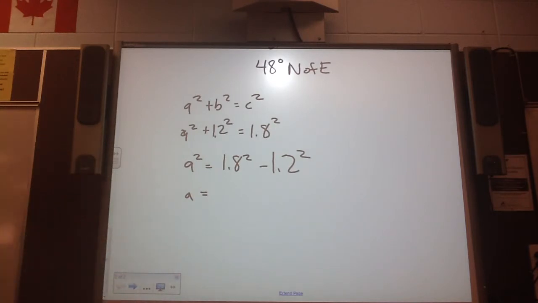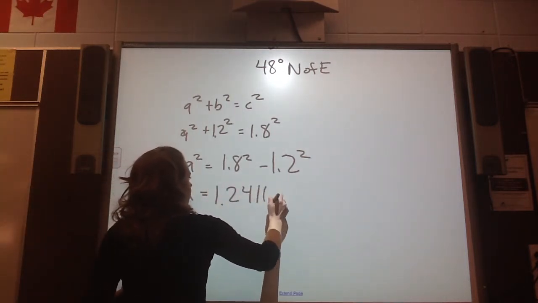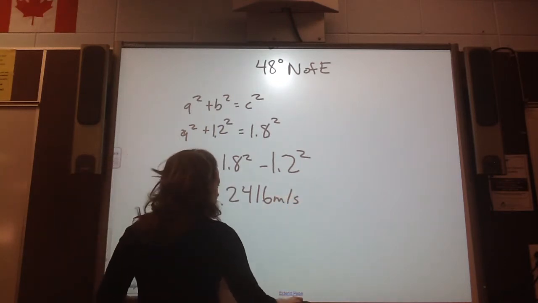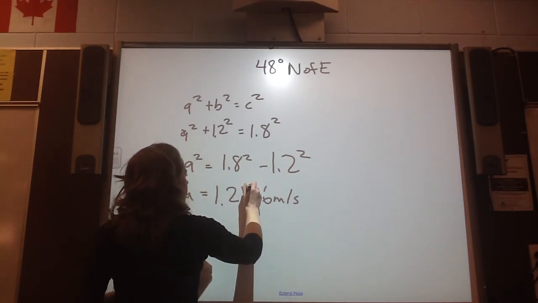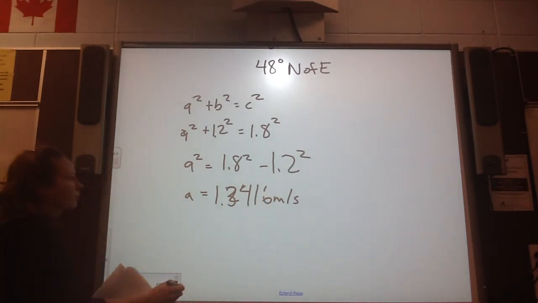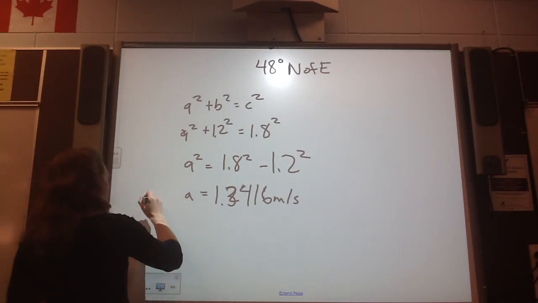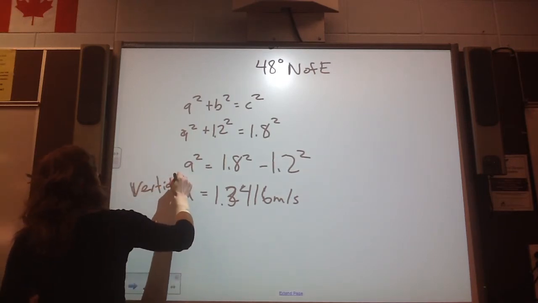Can someone tell me my a when they get it? 1.3416. Okay. So that's my V for all my, what is that? This is still my vertical vector.